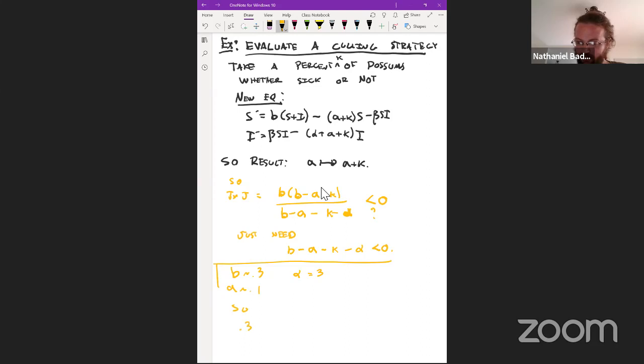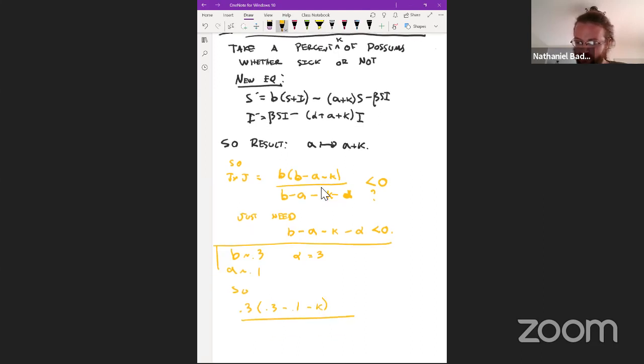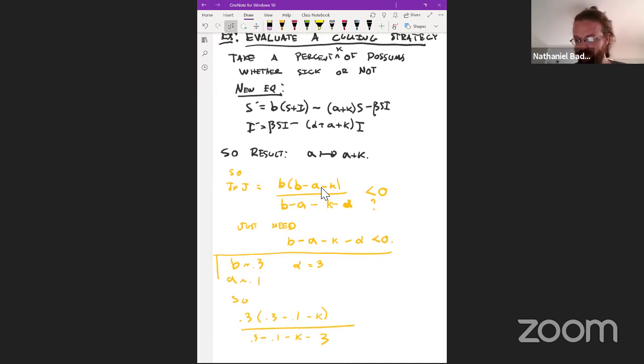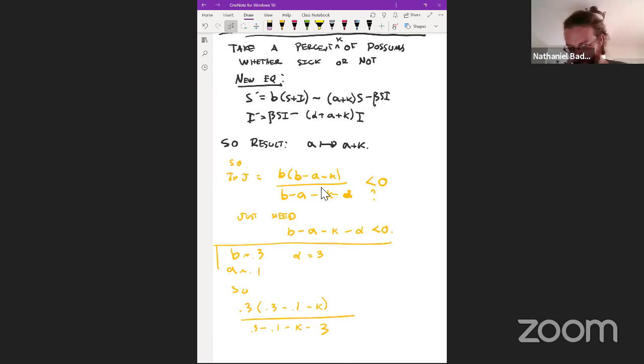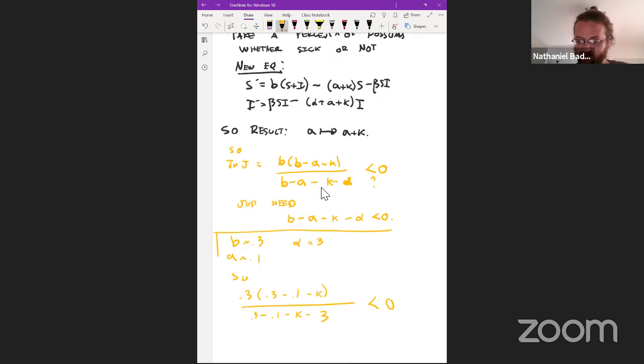And so in this computation, we have 0.3 times 0.3 minus 0.1 minus K, and then 0.3 minus 0.1 minus K minus 3. And so this is pleasantly less than 0 and stable, right? Basically, we actually put an equality in there.